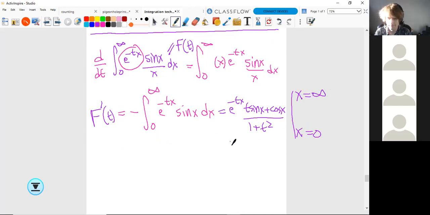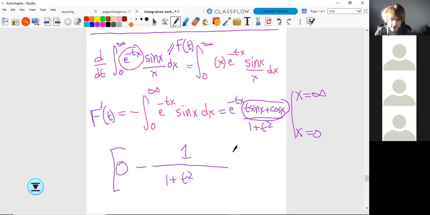All right, so when we plug in infinity, this thing is going to stay bounded and this is going to go to 0. So the value at infinity is going to be 0 minus, if we plug in x equal to 0, then e to the minus tx becomes 1, and sine of x becomes 0, and cosine of 0 is 1, over 1 plus t squared.